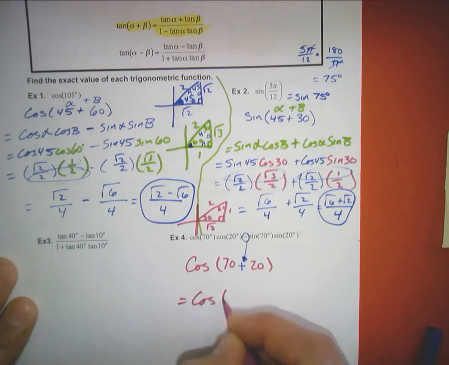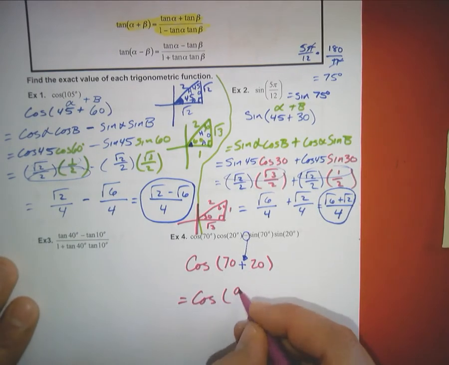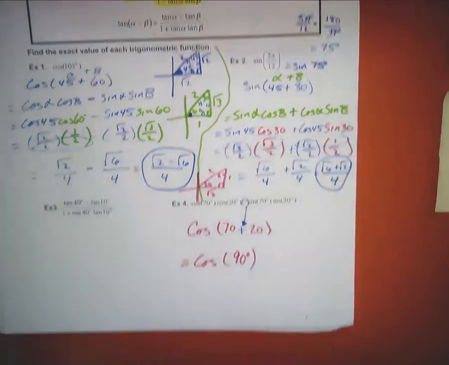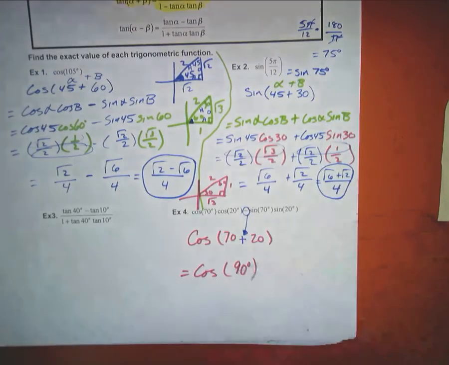So I get the cosine of 70 plus 20, which we know is 90. A lot of people just stop right there and put that into MyMathLab, and they're going to get that wrong. Why are we going to get that wrong? A lot of people say, okay, the answer is cosine of 90.